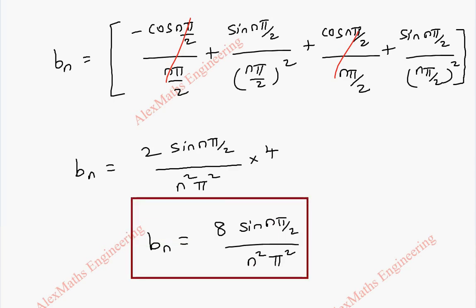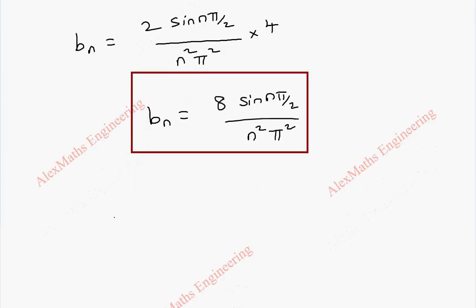Now coming to the expansion formula, f(x) is equal to summation n equal to 1 to infinity bn.